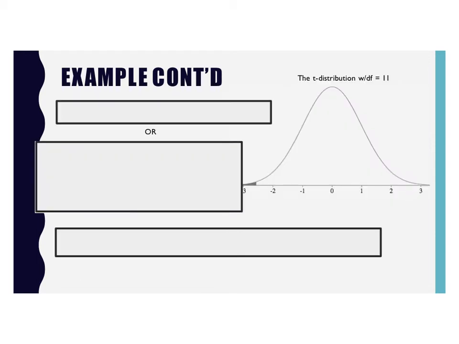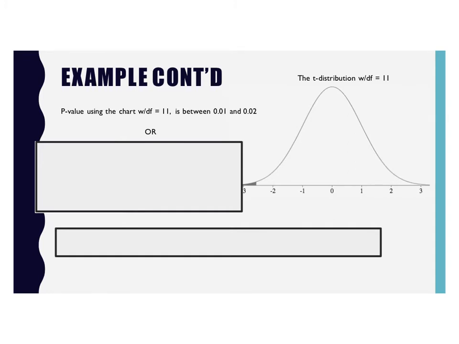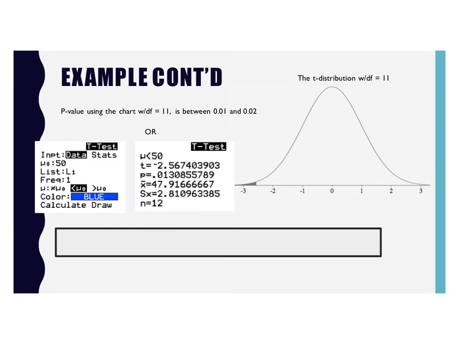Notice we have a sketch drawn, and if our t-value was approximately negative 2.57 with 11 degrees of freedom, I can use my chart in reverse to find the p-value. Our actual p-value falls between 0.01 and 0.02 for tail probability. Or we could have a t-test run in our calculator.